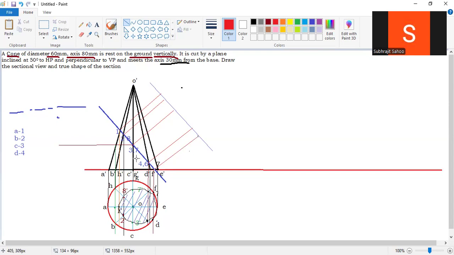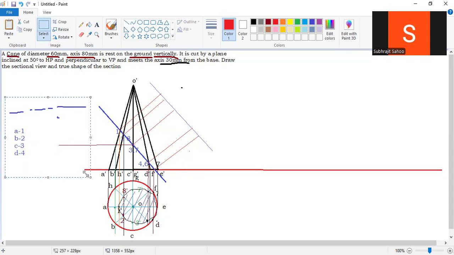Observe, sir, from each and every point, 1, 3, 2, 8, 3, 7, 4, 6, I draw the projection line, vertical projection. So what is the next step? Let me shift this diagram a little bit below.